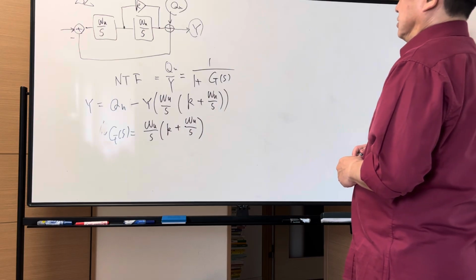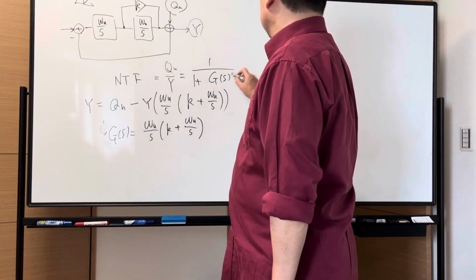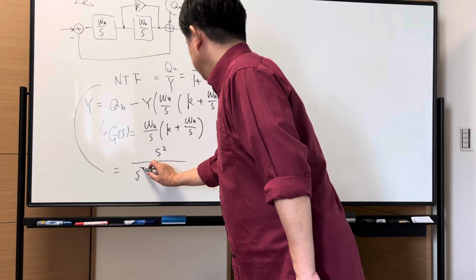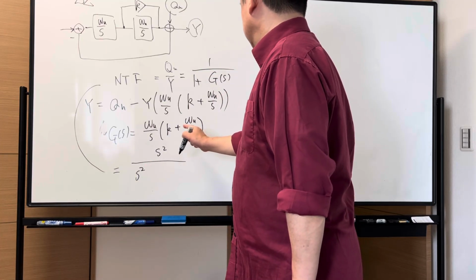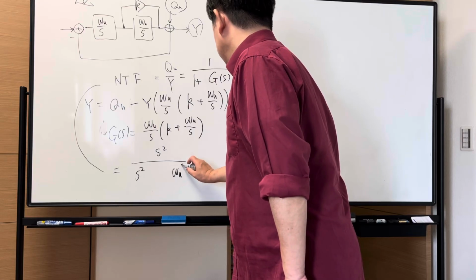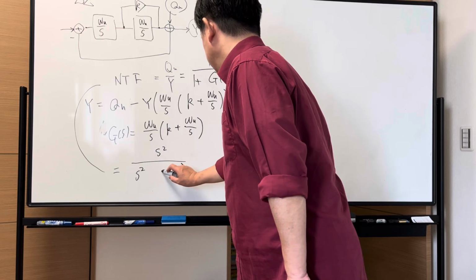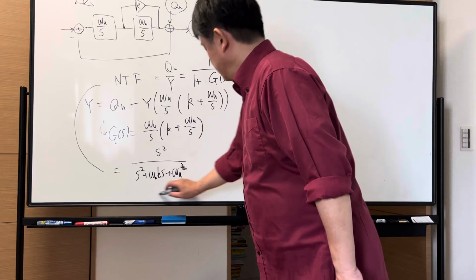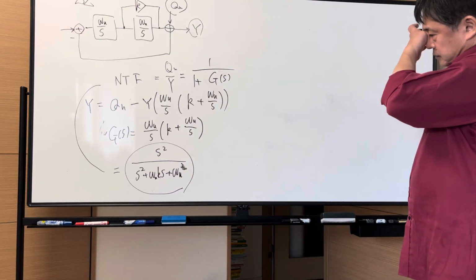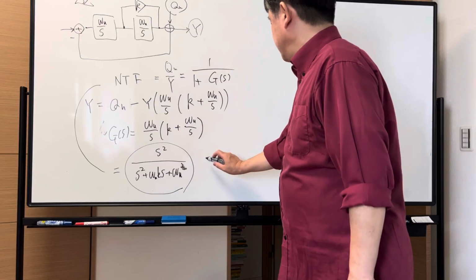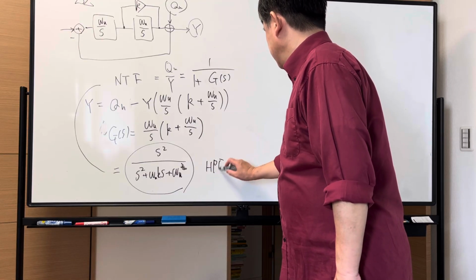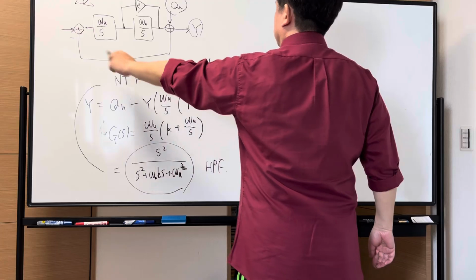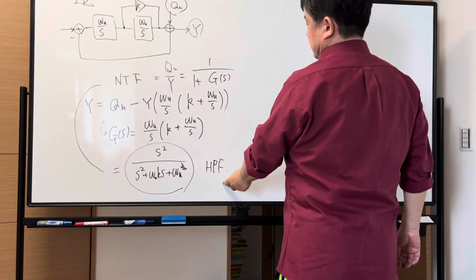And this NTF is s squared over s squared plus s omega u K plus omega n squared, which is a function of s describing a second order high pass filter. So for quantization noise, the delta sigma system has a high pass filter effect on its output.